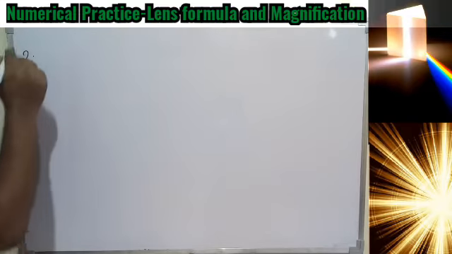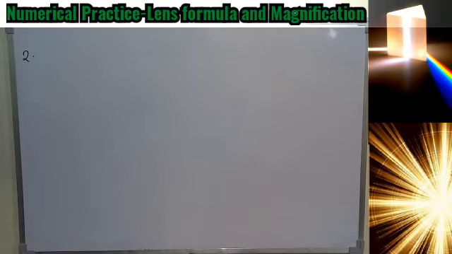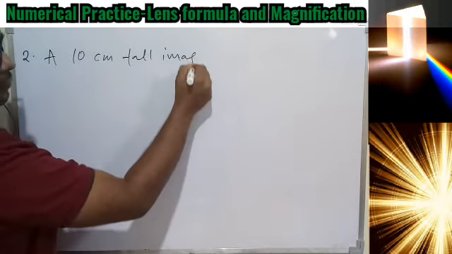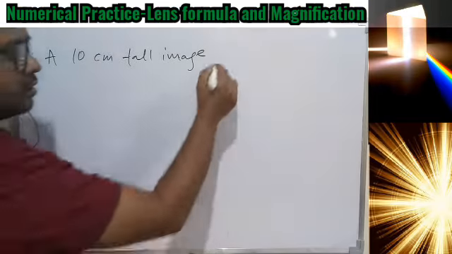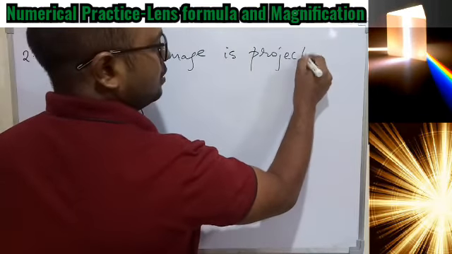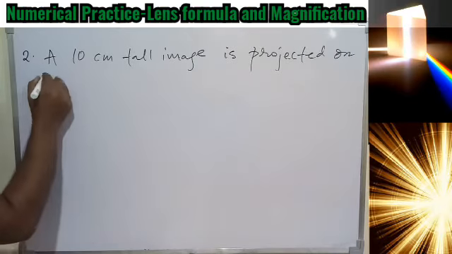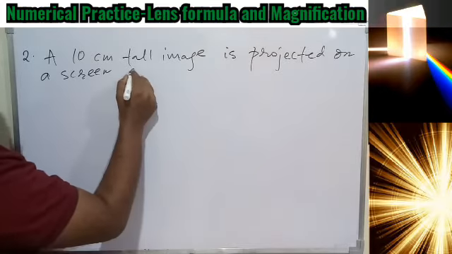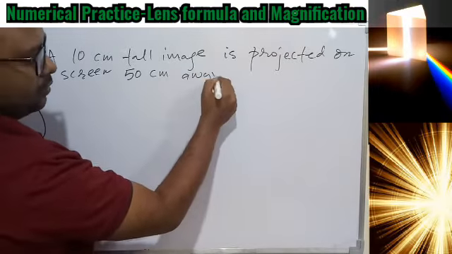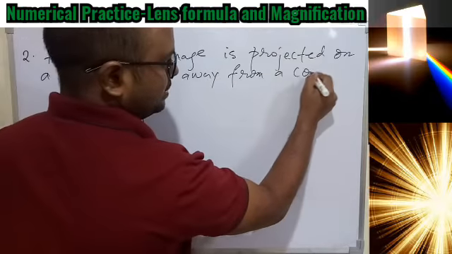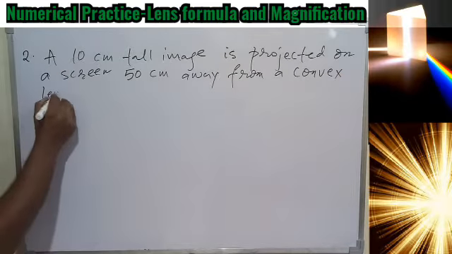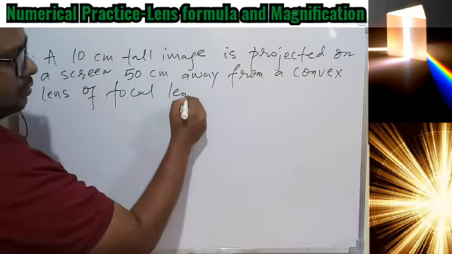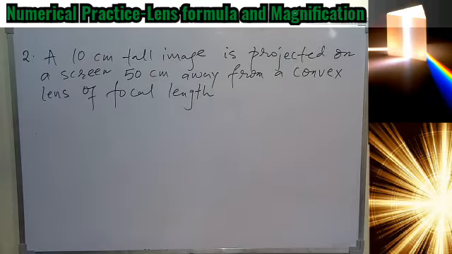Number 2, we have the next numerical given to us. A 10 centimeter tall image is projected on a screen 50 centimeter away from a convex lens of focal length 20 centimeter.